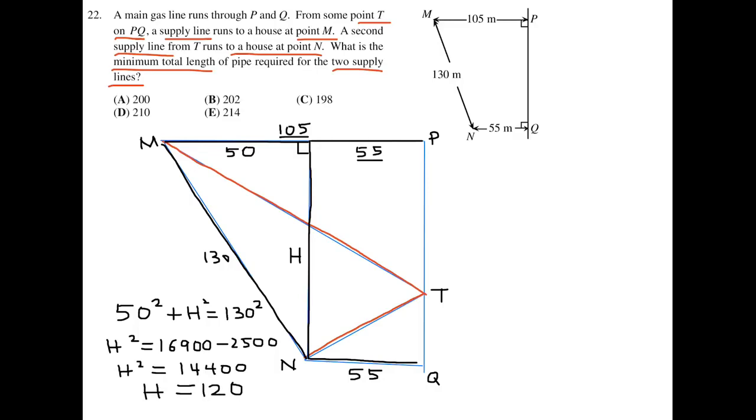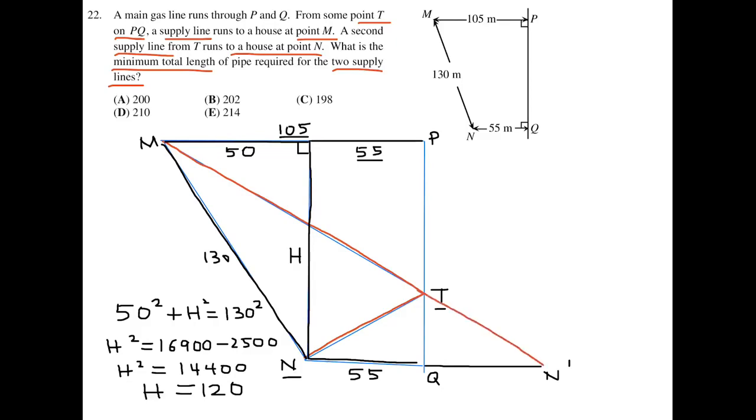Okay? So now what do we do here? Well, remember, we want this red line segment from M to T and from T to N to be the minimum possible. So what we can do is we can use a little bit of a trick here and put a reflection of N here and then connect T to that reflection like this.